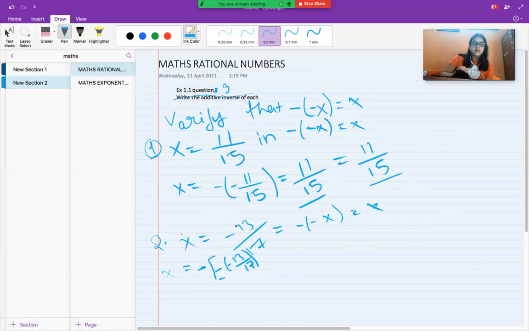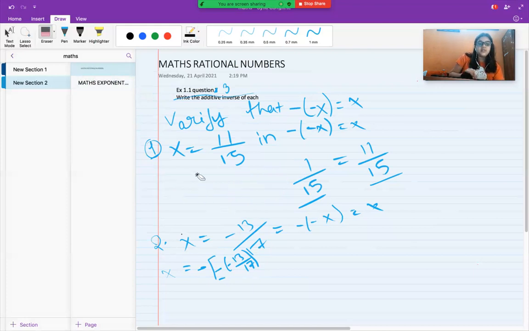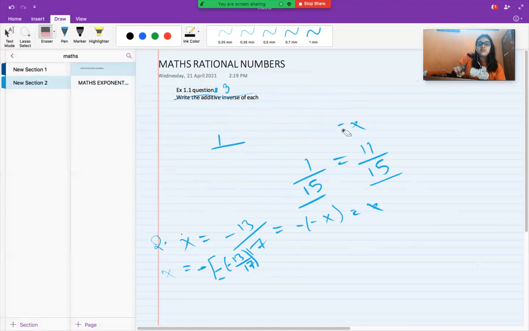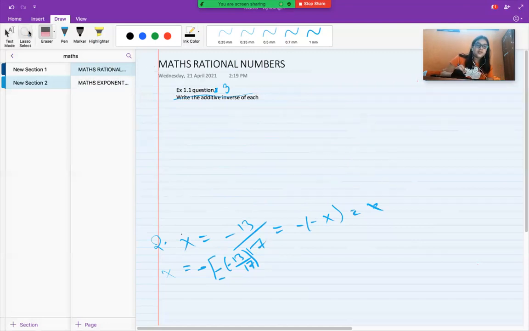One minute, I'm just erasing this part. Now I'm taking this lasso select.